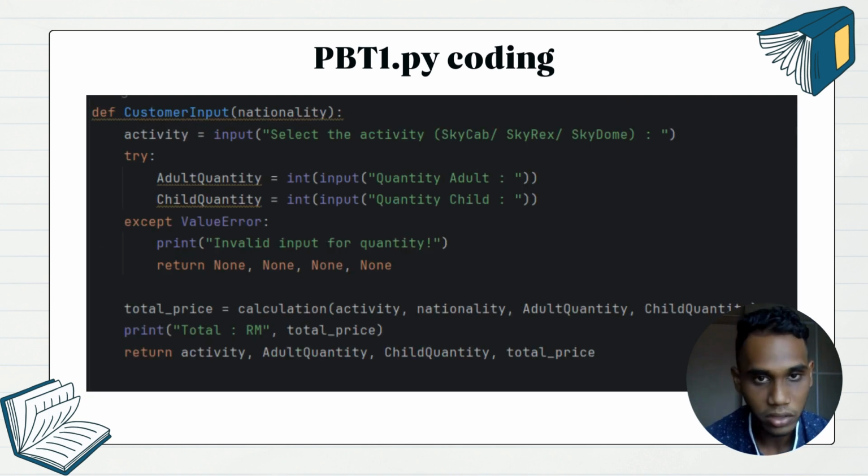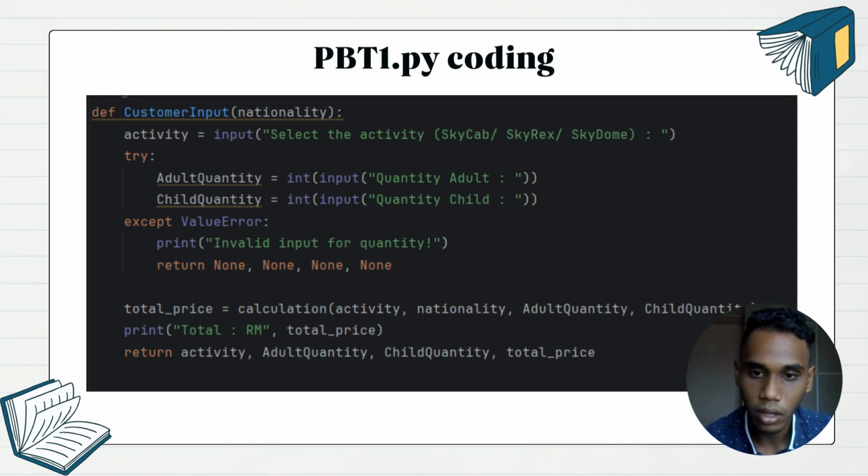So here we have the customer input function. In brackets we have nationality, because the nationality we will be using from the main function, which I'll explain later on. This function asks the user to select an activity package and input the quantity of adult and child tickets they wish to purchase. Then it uses the input and calculates the total price using the calculation function just now.